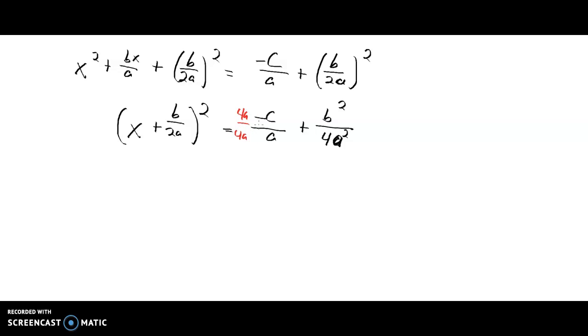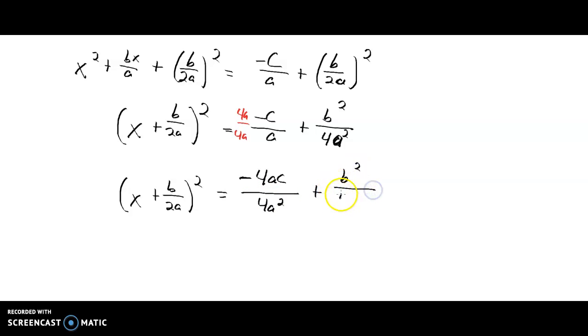That'll give me my common denominator. So I'm going to have this x plus b over 2a, squared, is going to equal negative 4ac, because I multiply the 4a times the negative c, over 4a squared plus b squared over 4a squared.